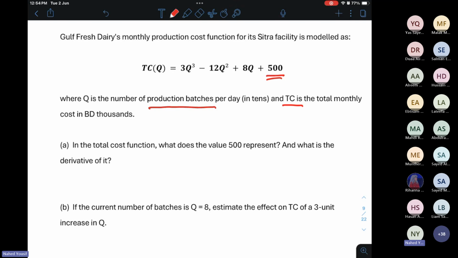Does anybody know what is the derivative of it? So what is the derivative of 500? What will be the answer? It will be 0, just 0.